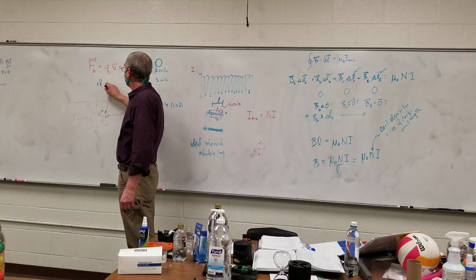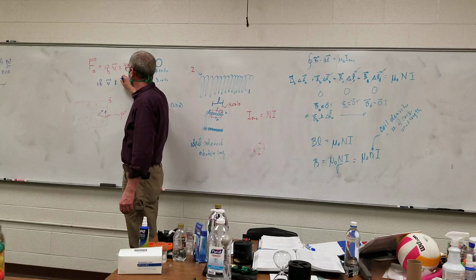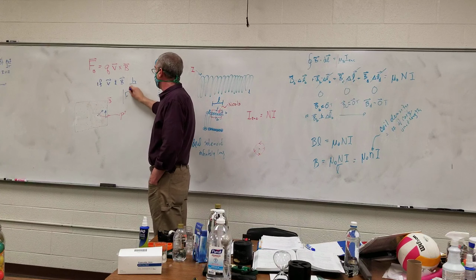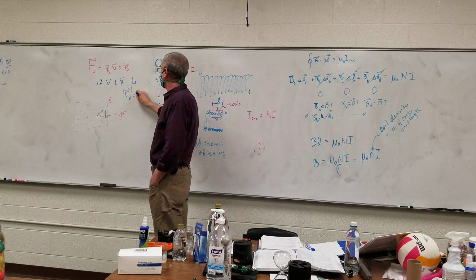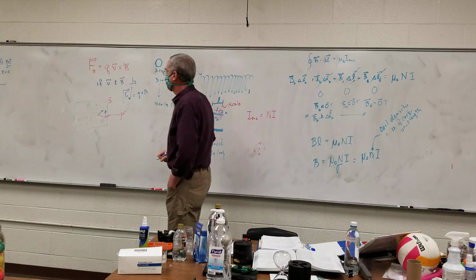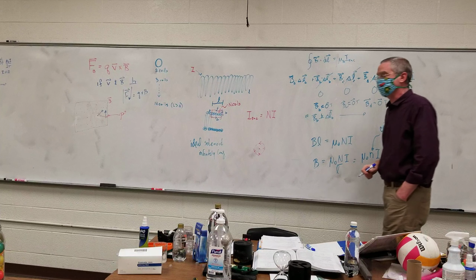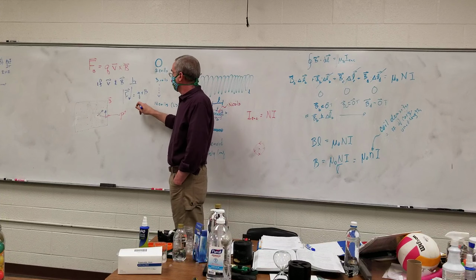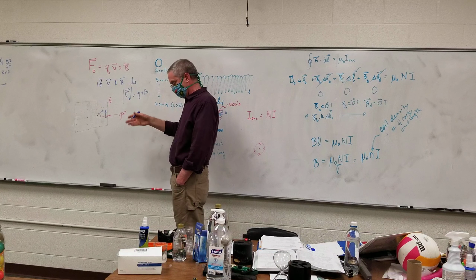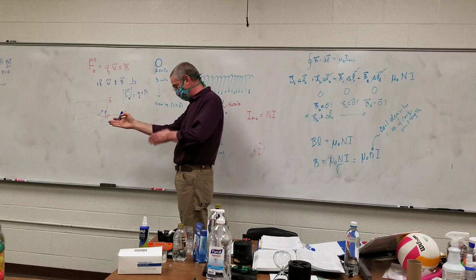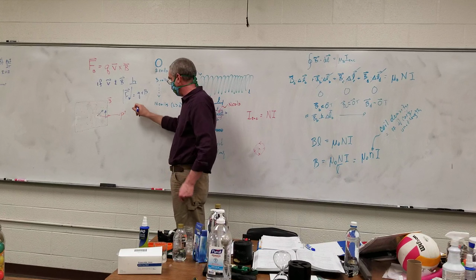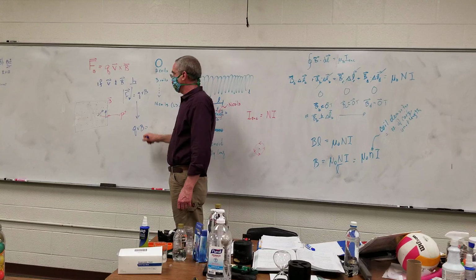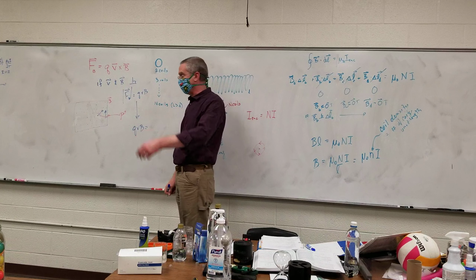So if V and B are perpendicular, as they are in this case, then the magnitude of F is just QVB. It's still a perpendicular force, but looking at the simple case of it being shot in so that its velocity is perpendicular to the magnetic field, we get QVB. And as mentioned earlier, that's the only force acting on it.